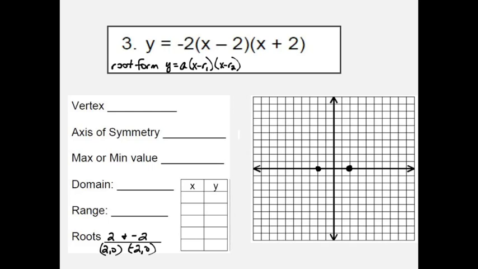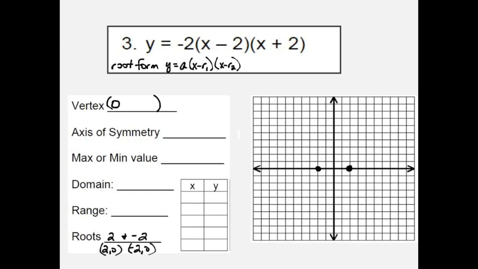Now remember, the vertex is exactly halfway between the roots. So in this case, halfway between the roots is 0. So x equals 0 is going to be the x value of the vertex.